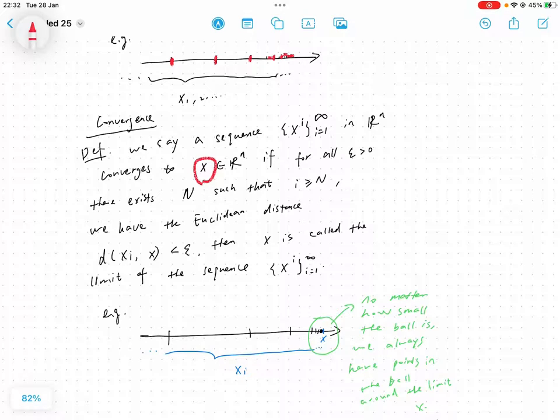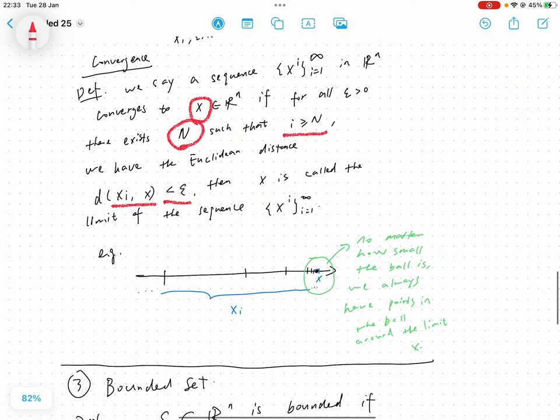It converges to x if for all epsilon greater than 0, there exists some number capital N such that for i greater than or equal to N, the Euclidean distance between x_i and this point x is smaller than epsilon. Then we call this x the limit of the sequence.